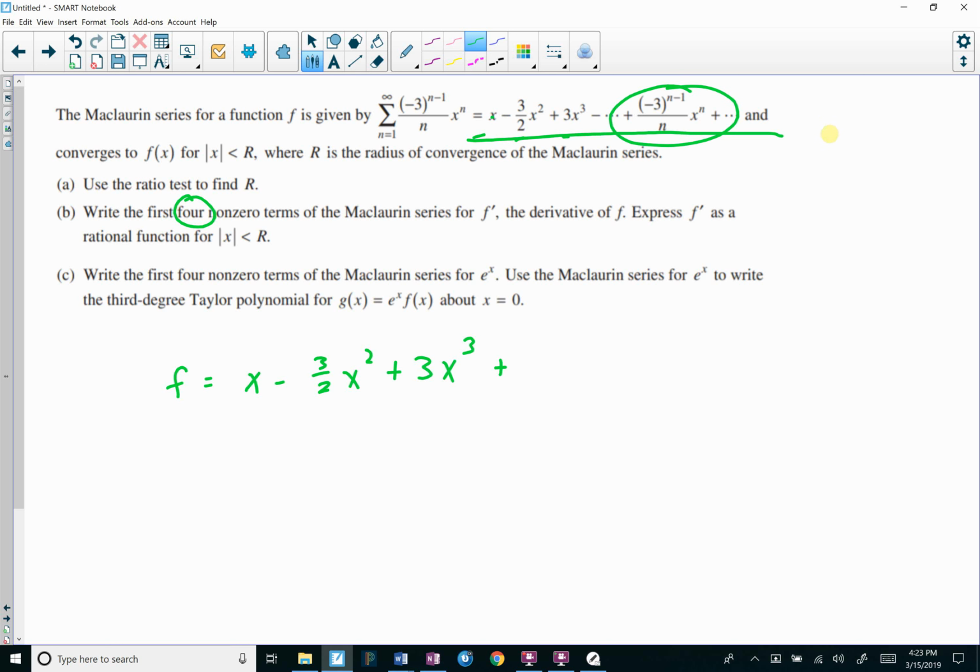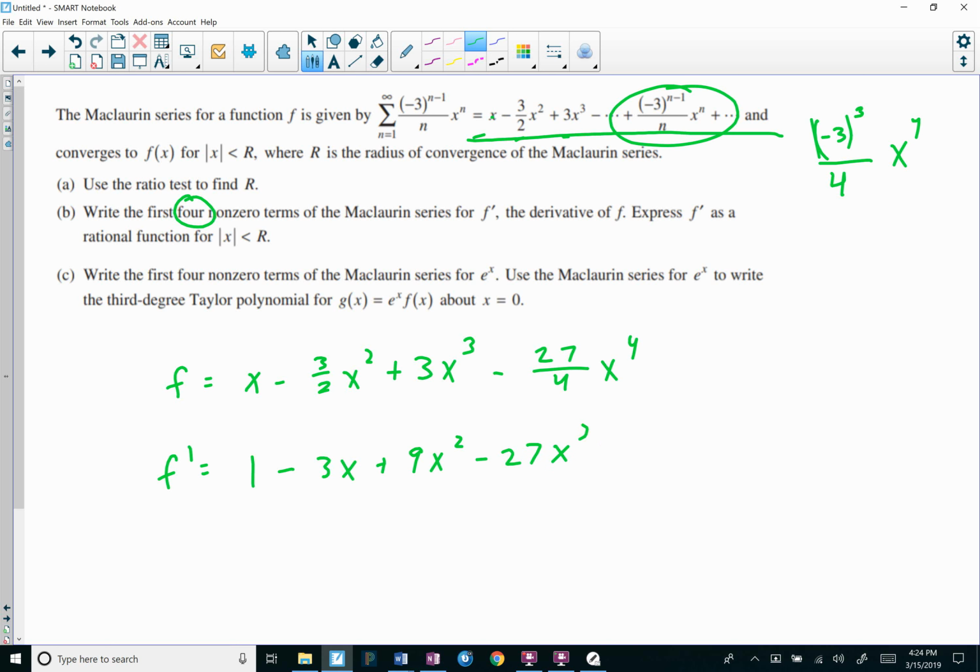I'll get negative 3 cubed over 4 times x to the 4th, so negative 27/4 x to the 4th. Now let's take f prime. Using the power rule, I get 1 minus 3x plus 9x squared minus 27x cubed.